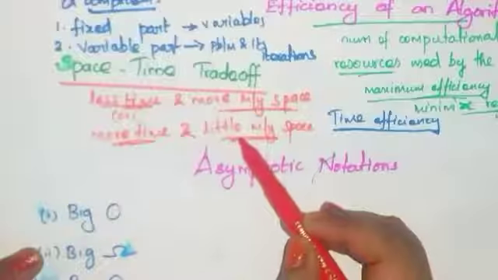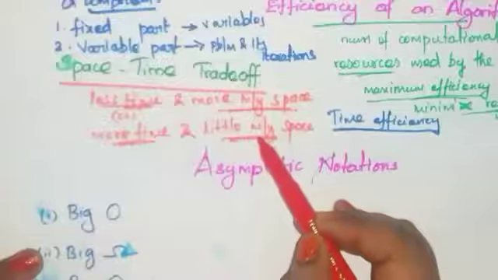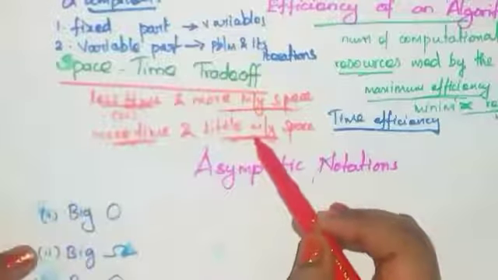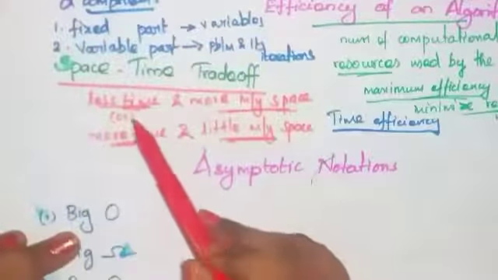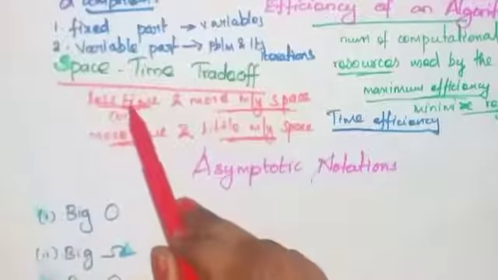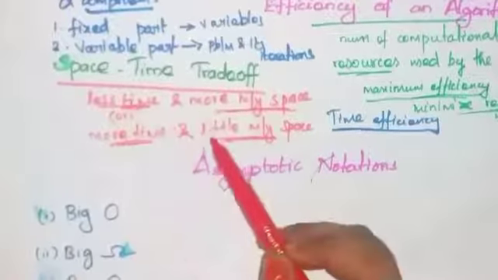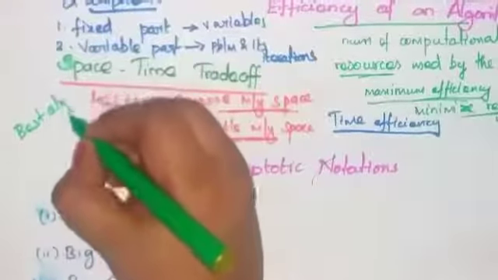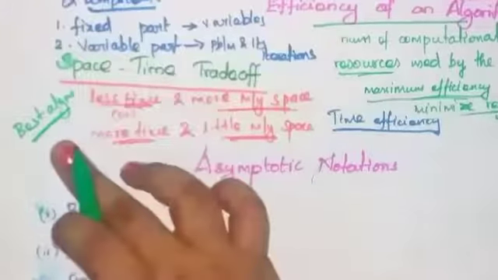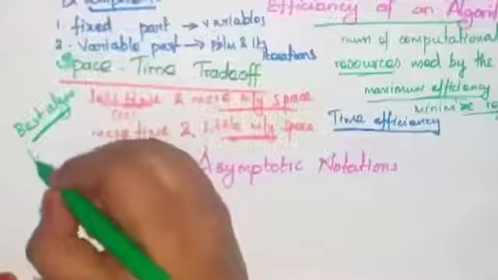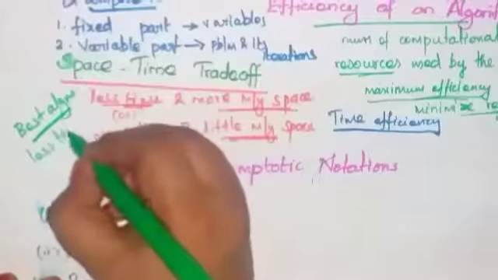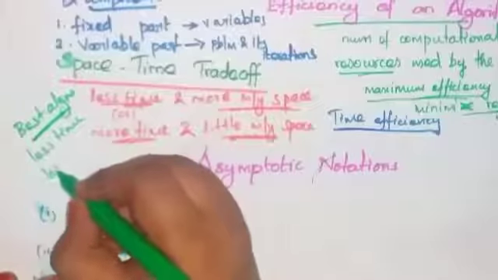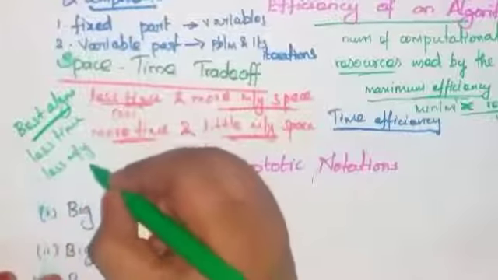If an algorithm requires less memory space, it is called space efficient. Some algorithms may be extremely time efficient and some algorithms are extremely space efficient. But what do you mean by best algorithm? The best algorithm requires less time and less memory space.